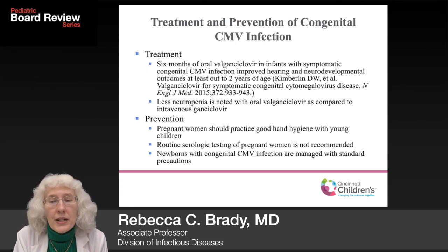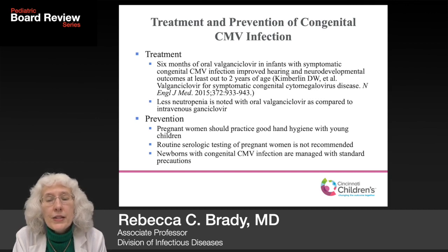There is treatment now for congenital CMV infection. The recommendation is currently 6 months of oral valganciclovir if they're symptomatic. In the study that was done, reported by David Kimberlin through the Collaborative Antiviral Study Group, which was placebo-controlled, this 6 months of oral valganciclovir did improve hearing and neurodevelopmental outcomes, at least out to 2 years of age.